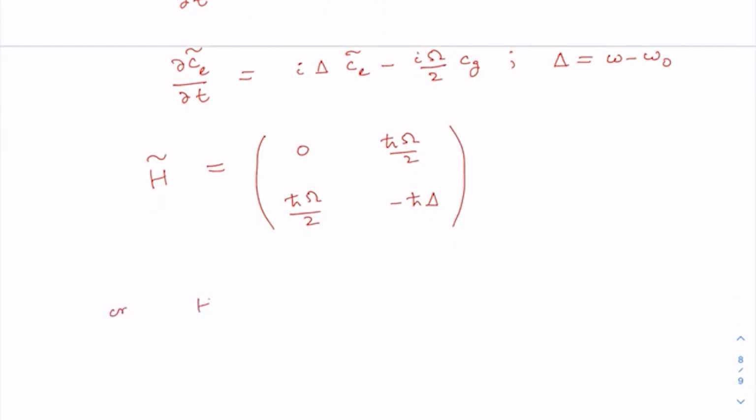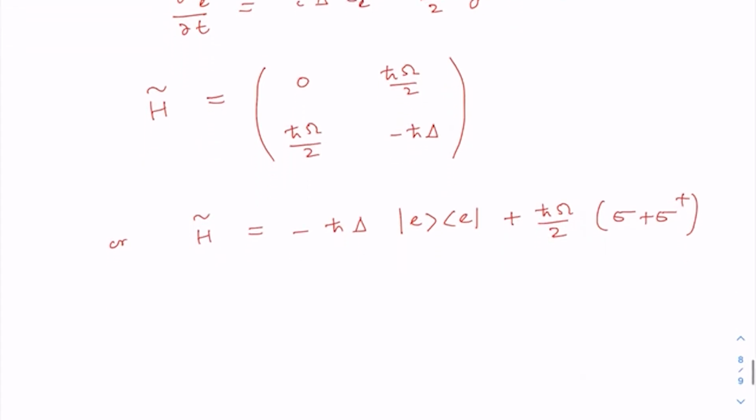Or if I write it in terms of the basis states, I have minus ħΔ |e><e| plus ħΩ/2 (σ plus σ dagger). What we have done, in more sophisticated language, is termed a unitary transformation.